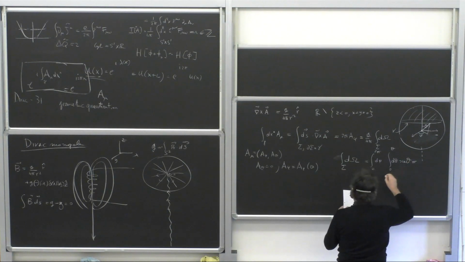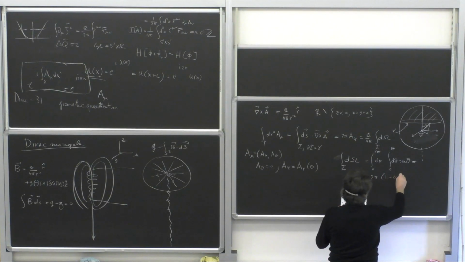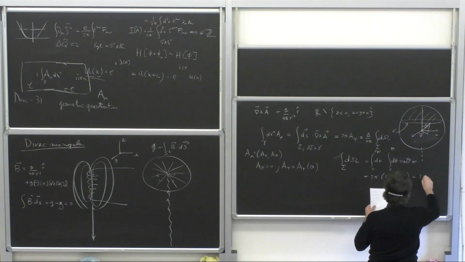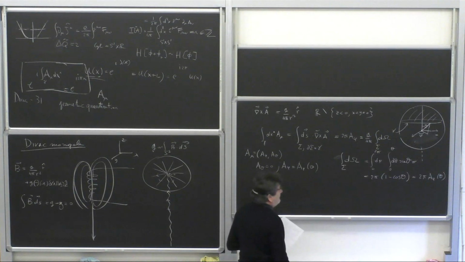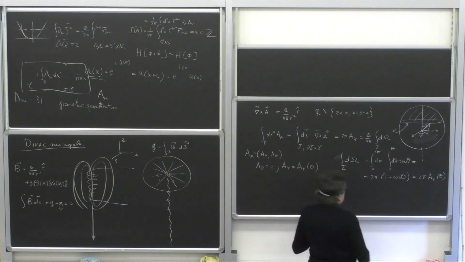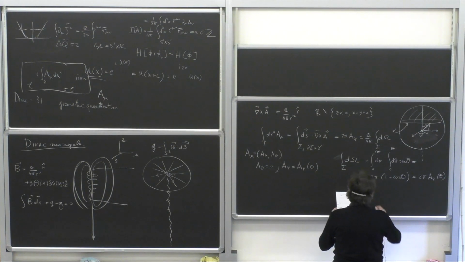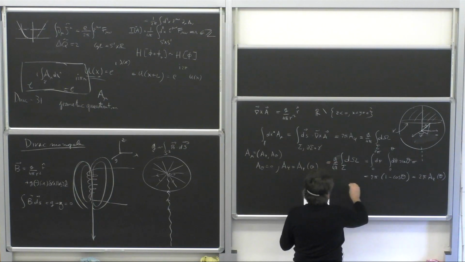So that's going to be 2 pi times 1 minus cos theta. And this is equal to 2 pi A phi of theta. So I found A phi of theta. No, sorry, there is a G.